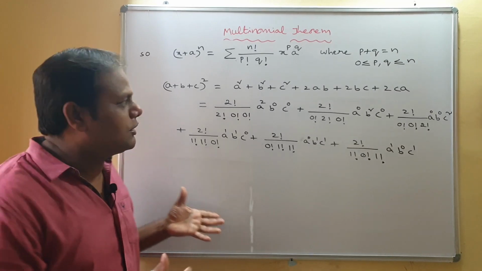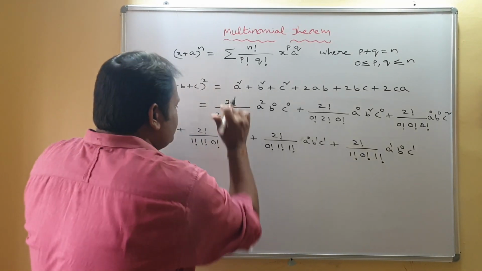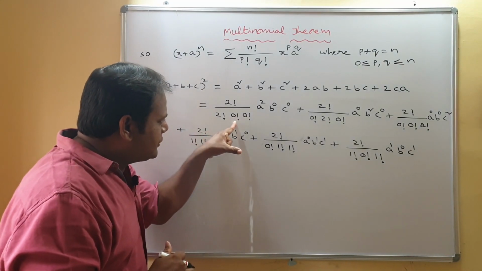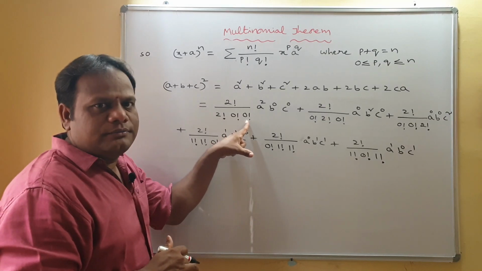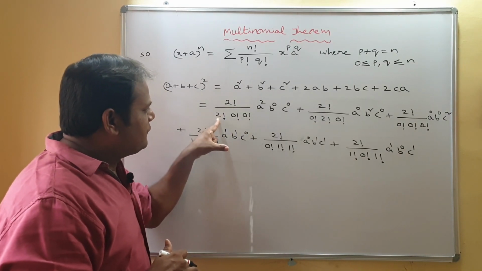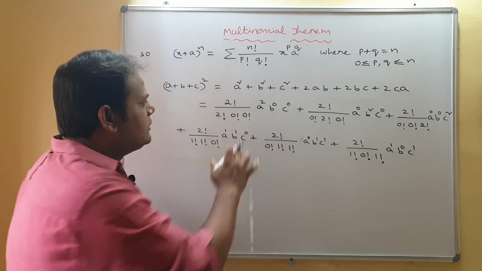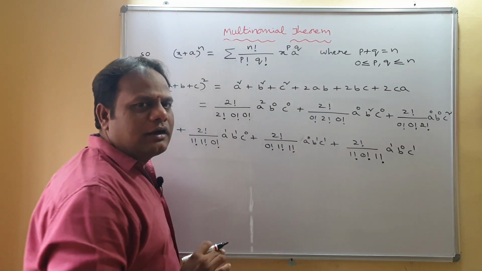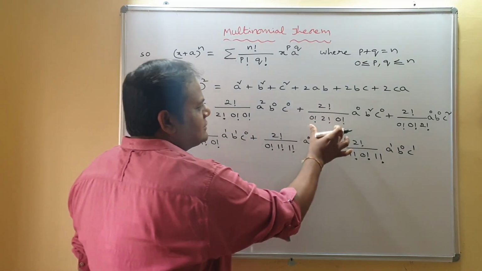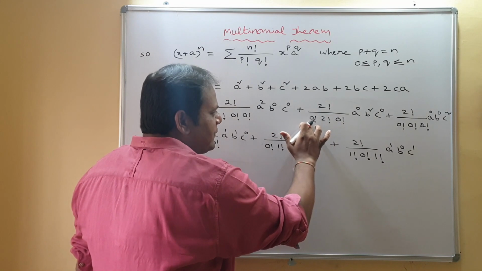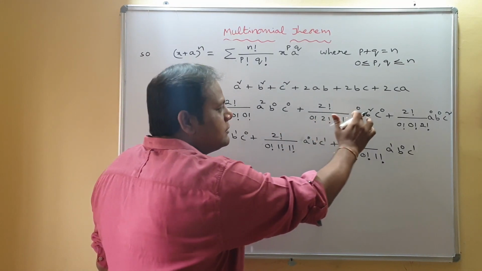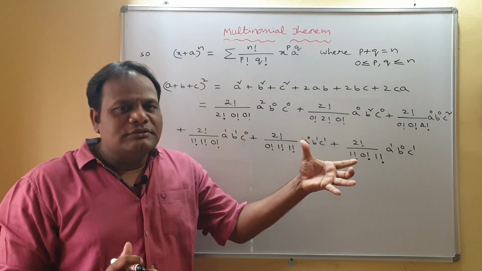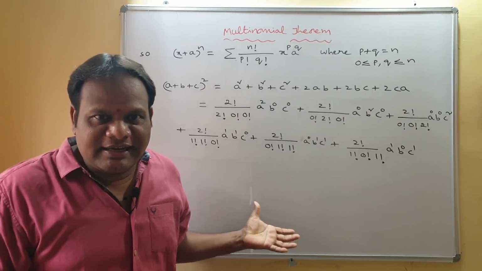That is N factorial by P factorial, Q factorial, R factorial into A power P, B power Q, C power R. Like that, this also is 2 factorial by P factorial, Q factorial, R factorial into A power P, B power Q, C power R. Every term is maintaining that style, right?